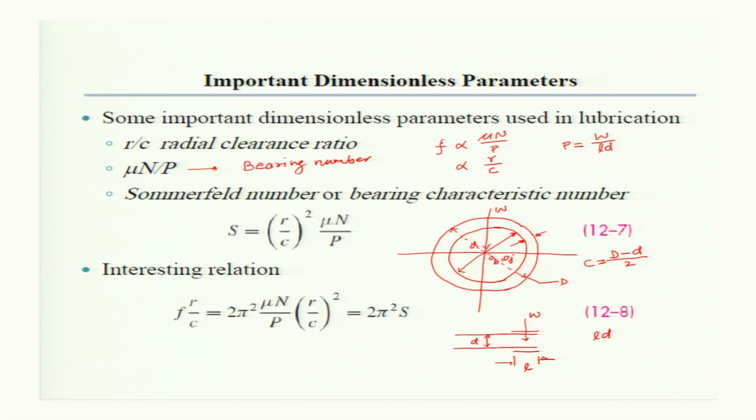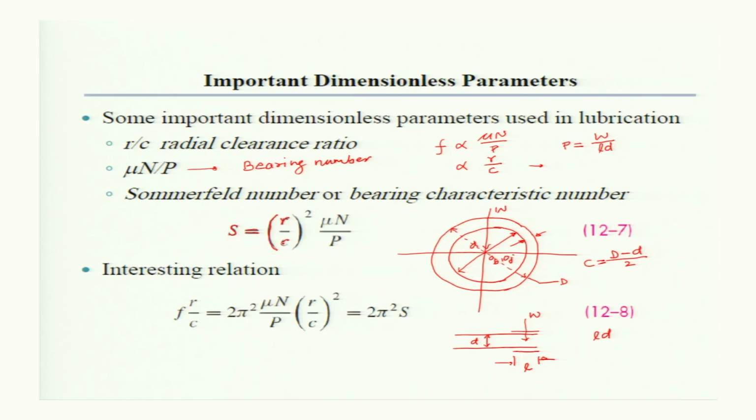Later, from Petrov's equation, we found another dimensionless number, called the bearing characteristic number or the Sommerfeld number, given by S, and it is equal to (R by C) squared multiplied by mu n by P.